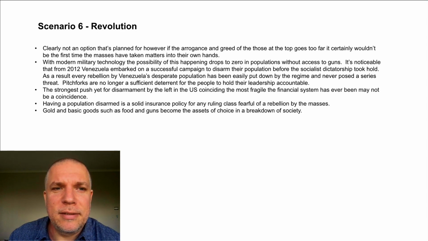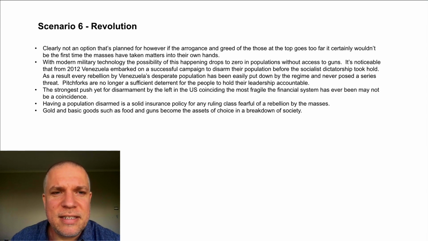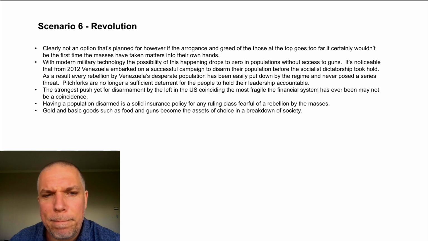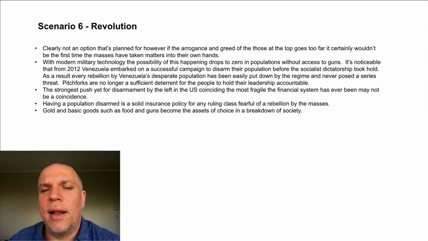And the last one I've got here, scenario 6, I'm calling revolution. Obviously, this is no one's desire either, but it certainly happened in the past, so it's worth mentioning. It's the scenario where the ruling class's arrogance goes too far and they continue to push for more and more wealth at the cost of the working classes, who get more and more disgruntled and upset. They can go too far, and you can end up with an outright rebellion from the people.